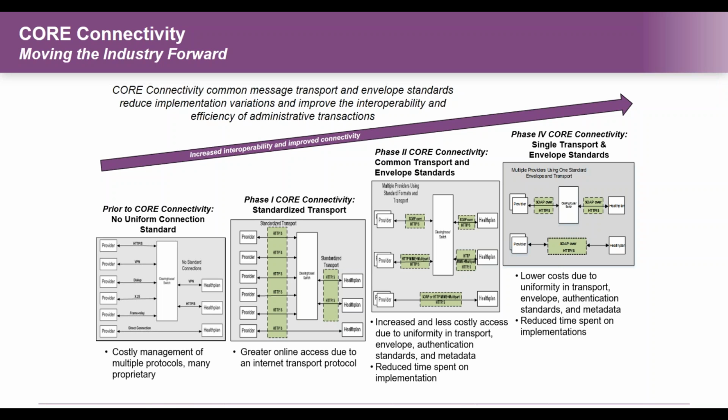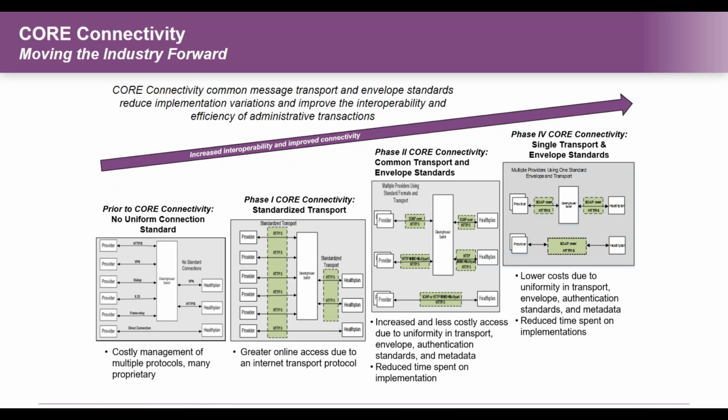So phase 2 built on that foundation to provide a more prescriptive message envelope and security, but it provided two message envelopes, namely SOAP and MIME, and then two methods of authenticating the client to the server, namely X.509 and username password.